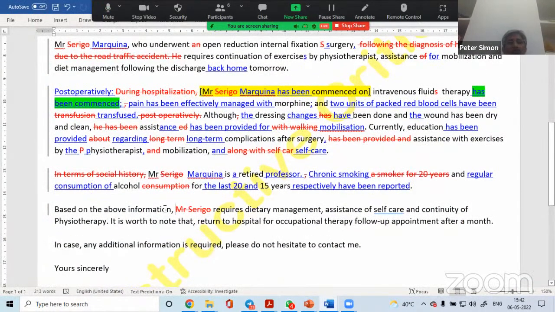Based on the above information, so passive voice again. Mr. Sergio, no need. Dietary management, assistance for self-care.